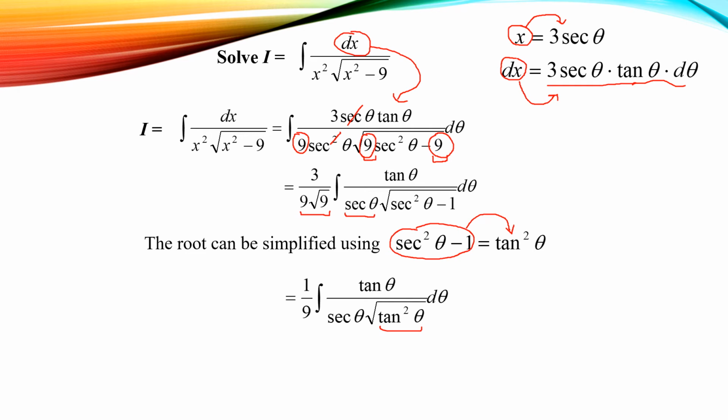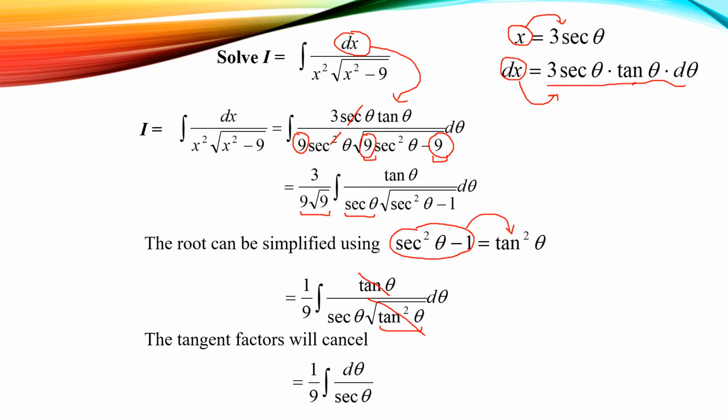Notice now that inside the integral, we have tan squared theta inside of a square root. Well, that reduces to just tan theta. So the tan theta factors are going to cancel. Those will divide to 1. And we are left with 1/9 integral d theta over secant theta.